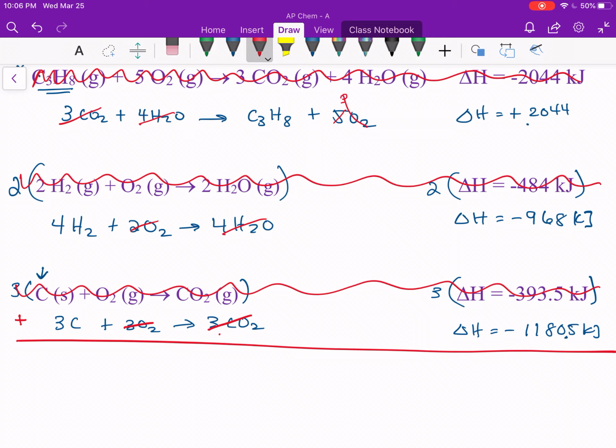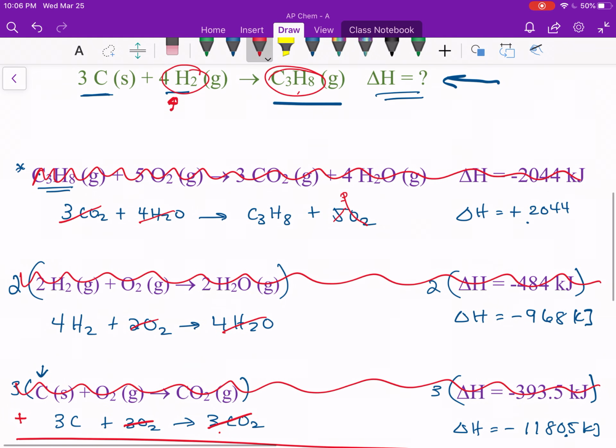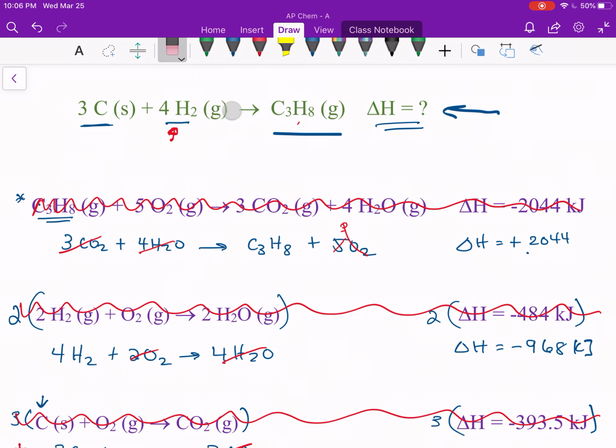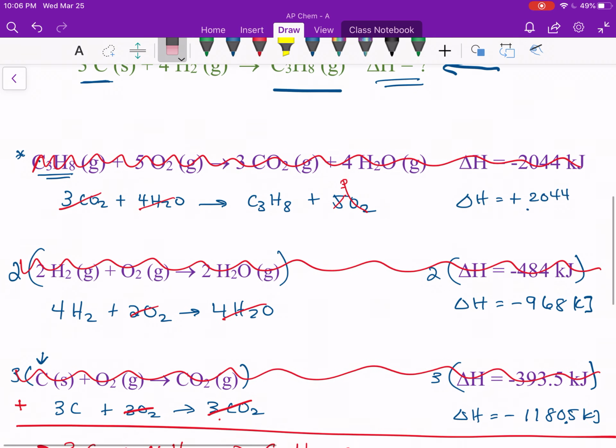rest of those. So now I've canceled out everything that I wanted to, and so that's going to leave me with my 3C plus 4H2 going to 3C3H8. And if I did this correctly, this should match what we are trying to find. And we see that it does.